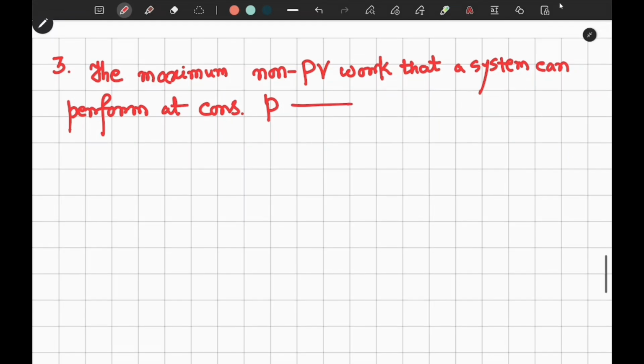So we have to identify the maximum non-PV work done that a system can perform at a constant pressure. Okay.